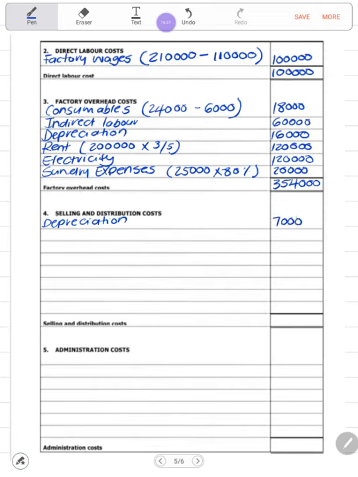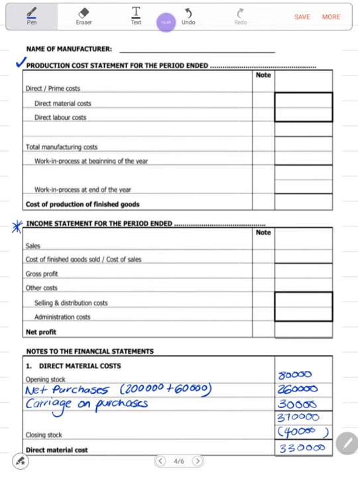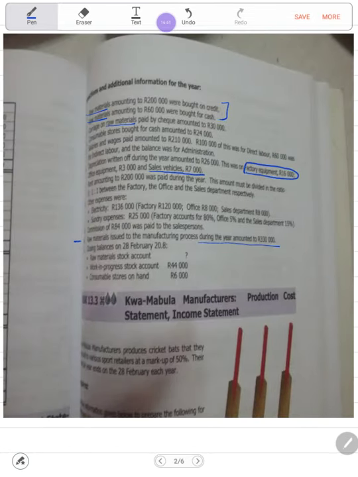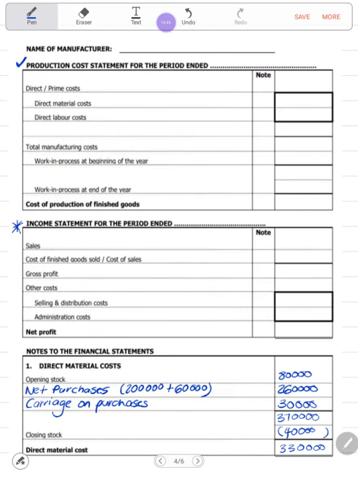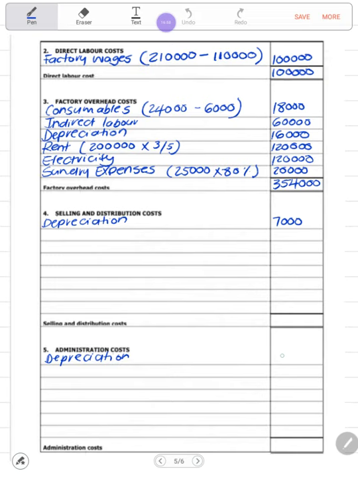And let's just simply complete the admin as well. They also had depreciation, and they told us that amount was 3,000 for the office equipment. 3,000 rand. Okay, then we had rent.